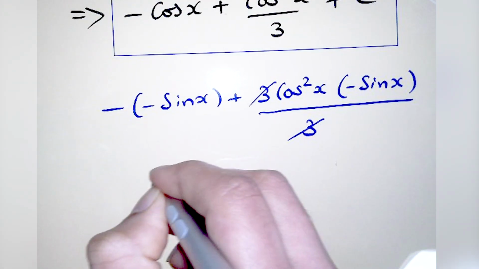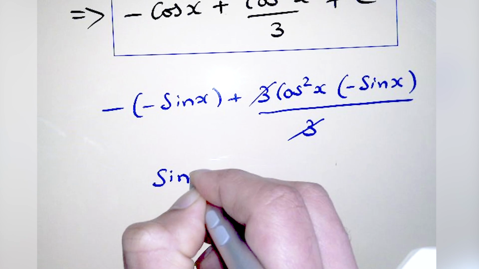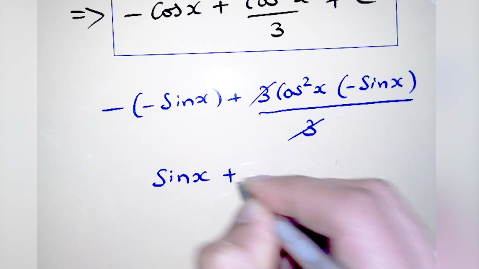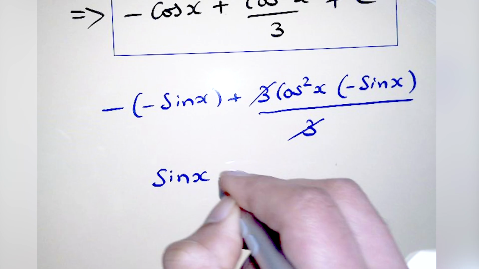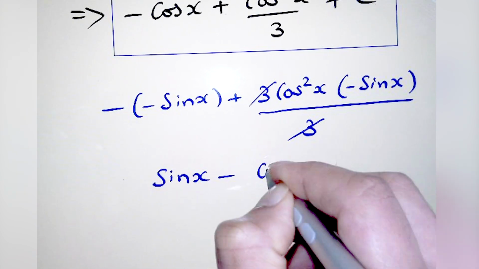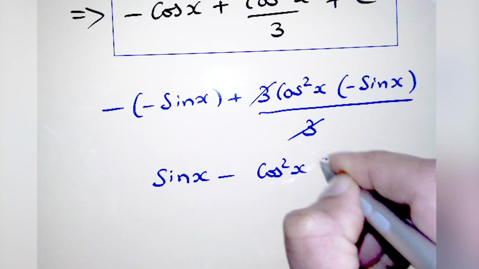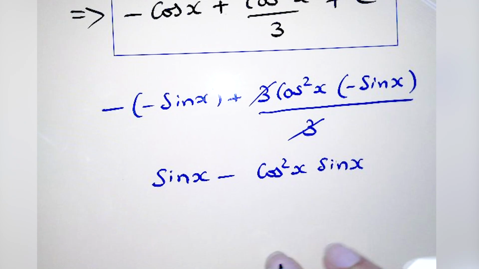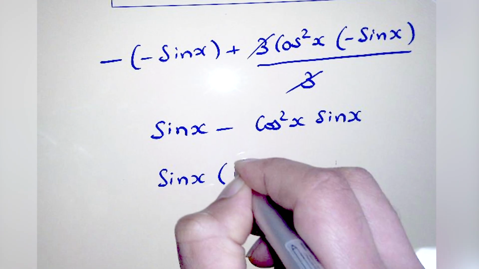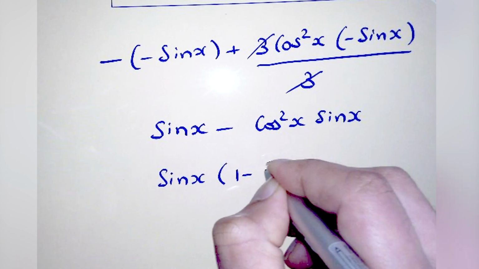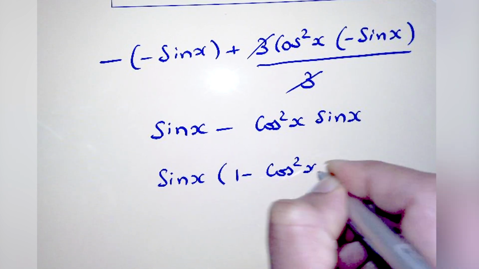Negative times negative is plus sine x, and the sign in between is minus. So minus cos square x into sine x. I can take sine x common: sine x times 1 minus cos square x.